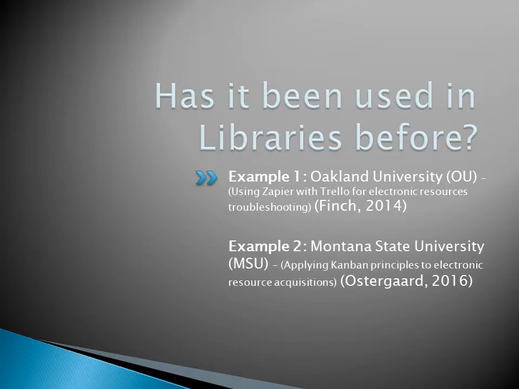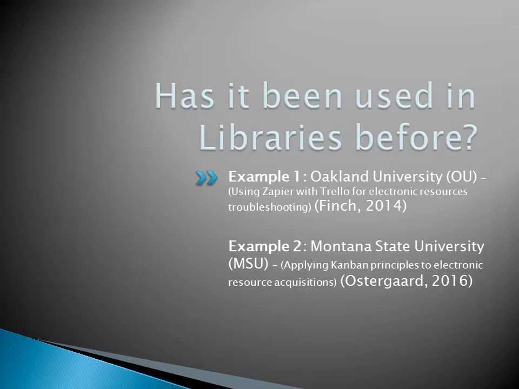A second example is the Montana State University's Library Collection Development Department's use of Trello in 2016. They use it as a digital form of the Kanban principle of workflow management, as it is known for not only reducing production time and increasing the speed of communication exchange, but also for increasing productivity.